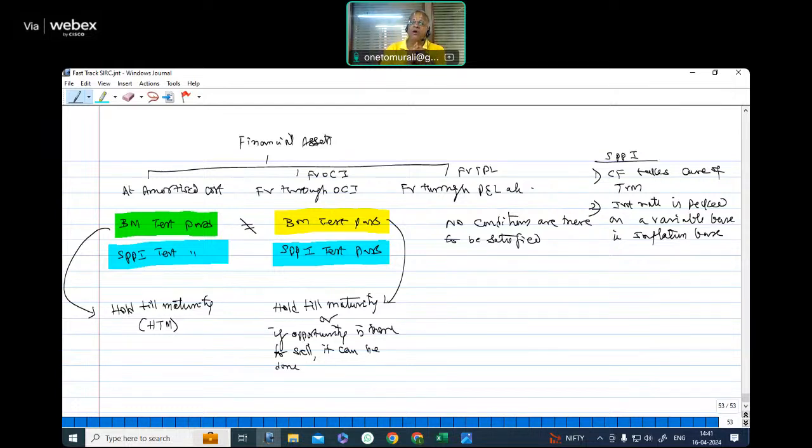It can't be on a base other than inflation index, or index as the case may be.